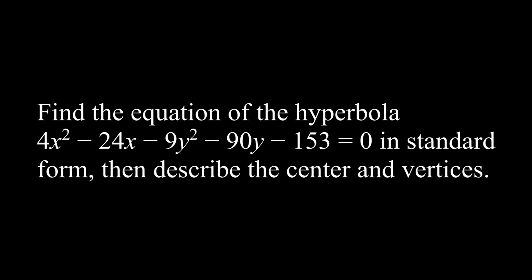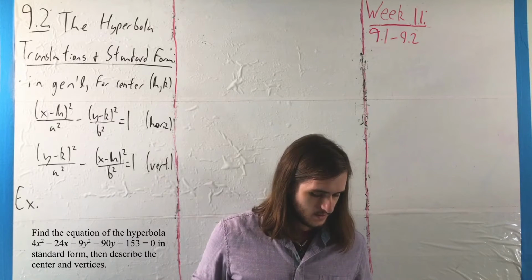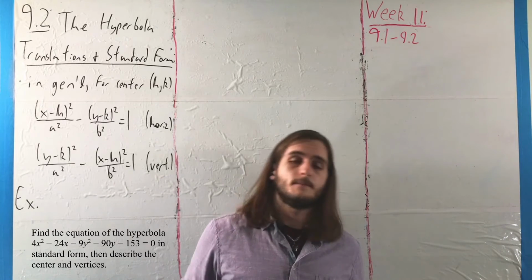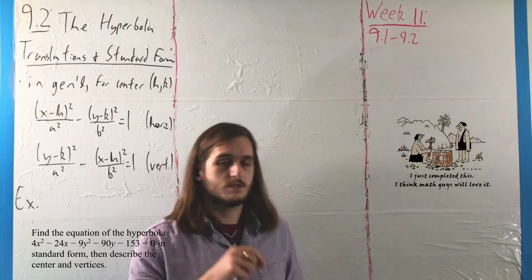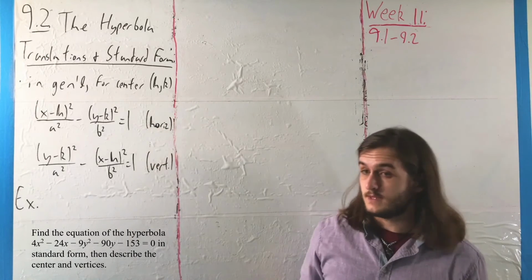So for this example, we want to find the equation of the hyperbola 4x squared minus 24x minus 9y squared minus 90y minus 153 equals 0 in standard form, then describe its center and vertices. Well, we've got a lot of fun ahead of us, but what we need to do here is complete the square twice for those x squared and y squared terms so that we can get something like one of these.